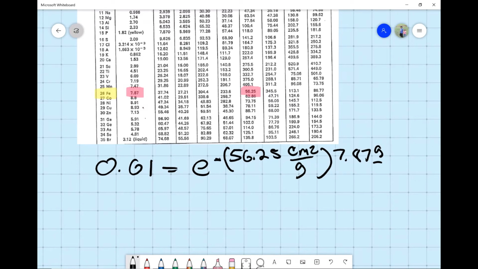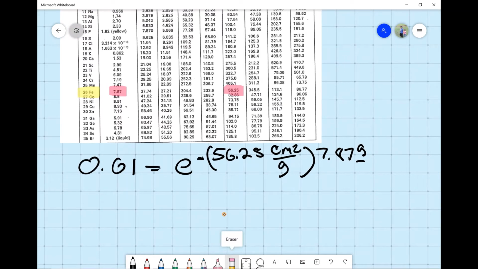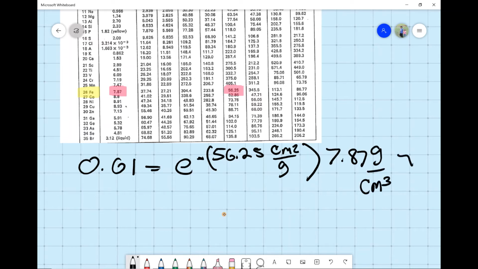I'm making this a little sloppy. Let me try a little harder. Sorry about this, y'all. All right, 7.87 grams times x. And x is going to be in centimeters.